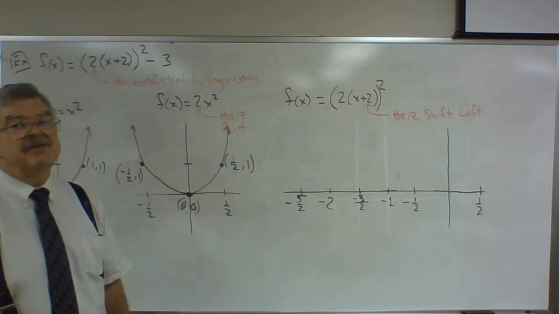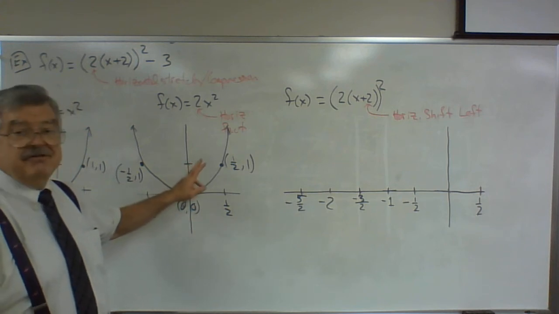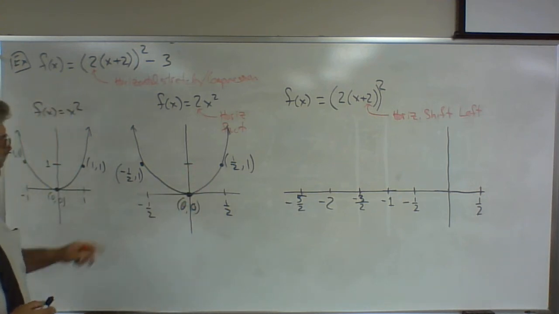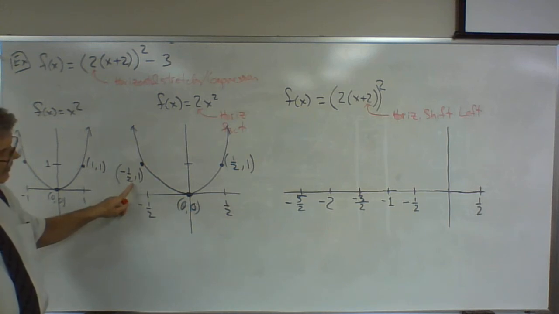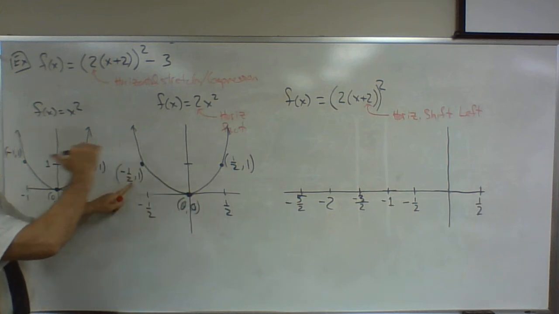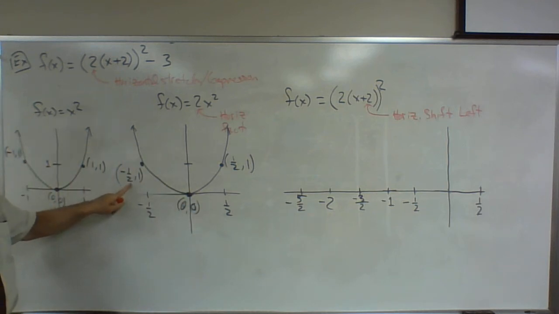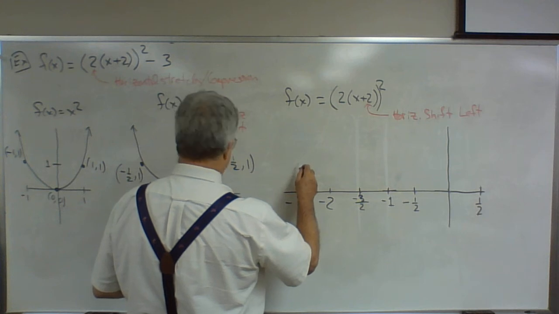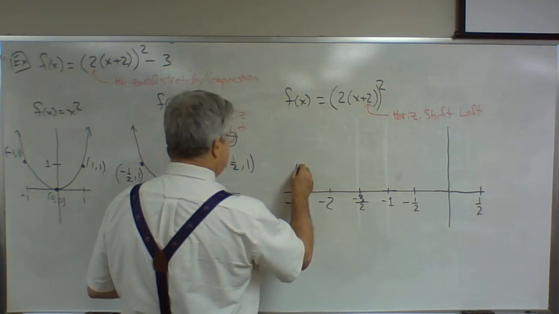I could have saved myself a lot of trouble if I had just done that to start with. Well, now that I'm talking about this point, if I take this point and shift it 2 units to the left, I'm subtracting 2 units from this guy. -1/2 minus 2 is -5/2. So this is a point on my graph.